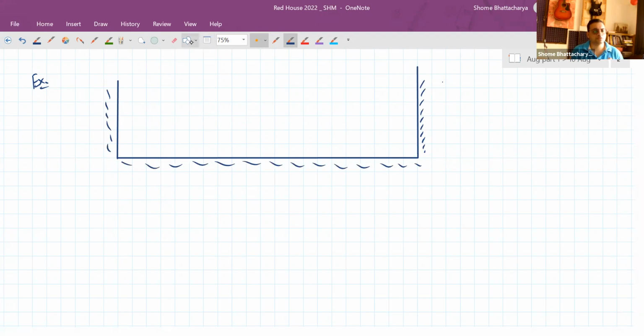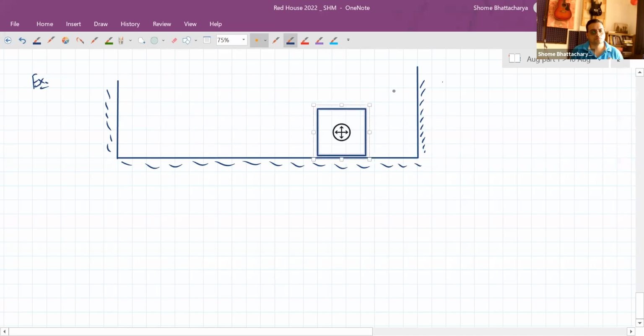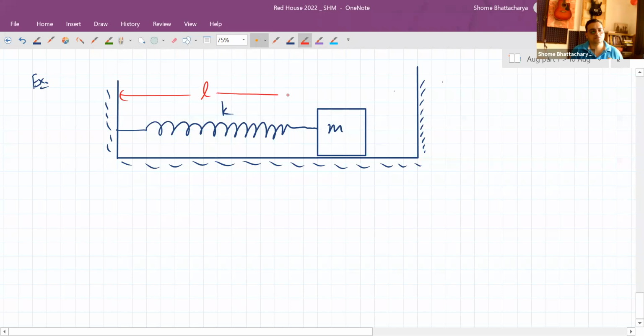So we have this situation now. Okay, so this is a smooth surface and all that. Right now, this is at natural length, and this is at a distance of 2 centimeters.